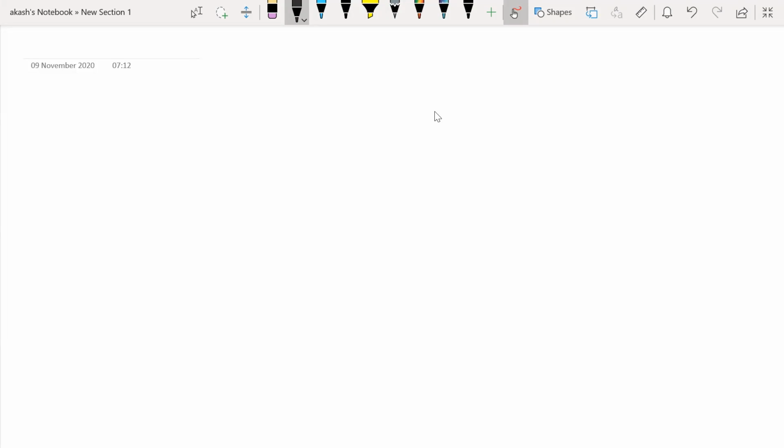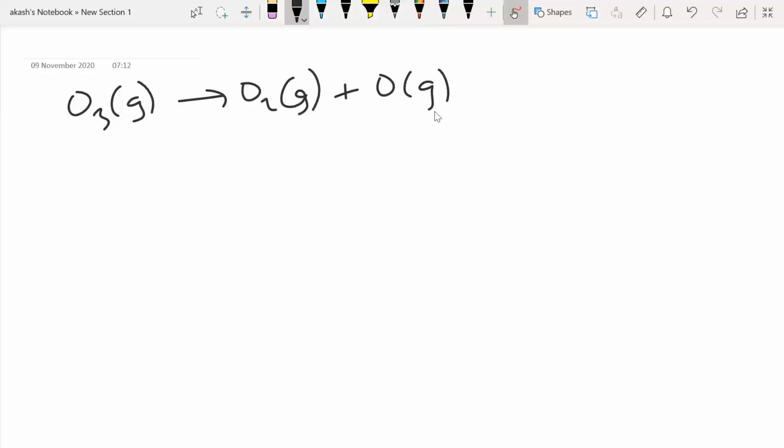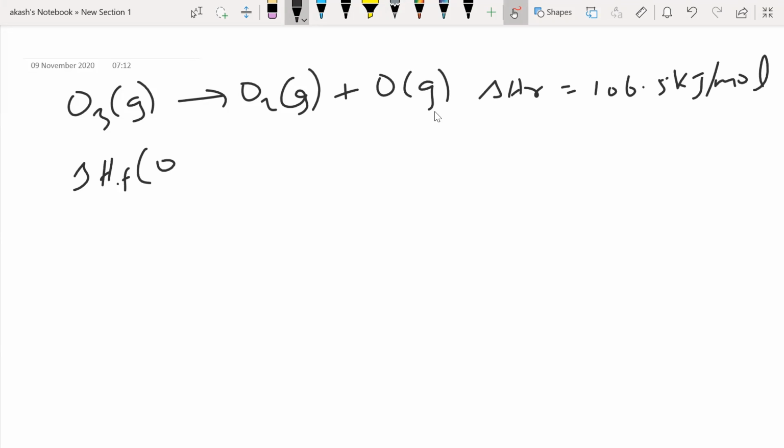So I have O3 gas forming O2 gas plus oxygen atom gas, and they have given the delta HR for this reaction as 106.5 kilojoules per mole, and they have given the enthalpy of formation of O3 gas as 142.7 kilojoules per mole, right?